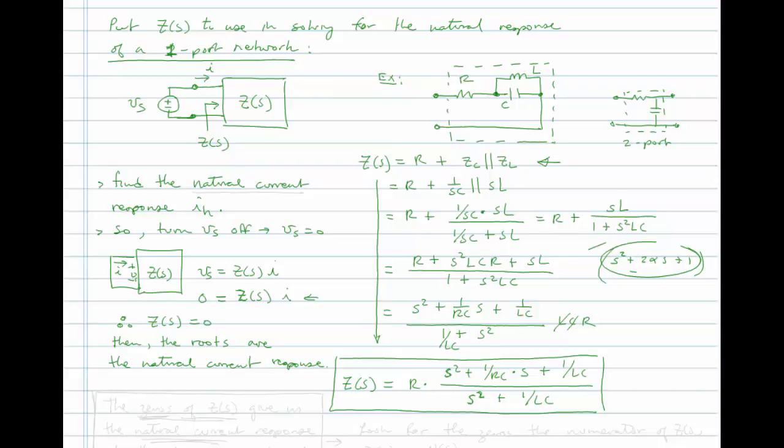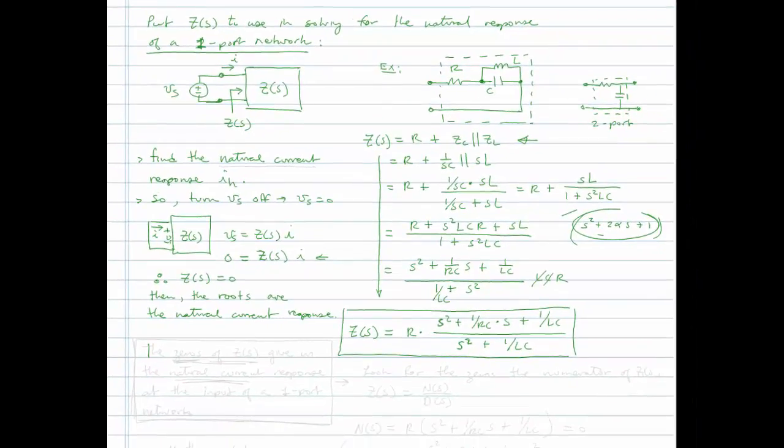Okay, so in other words, the zeros of Z of S give us the natural current response at the input of a one-port network.